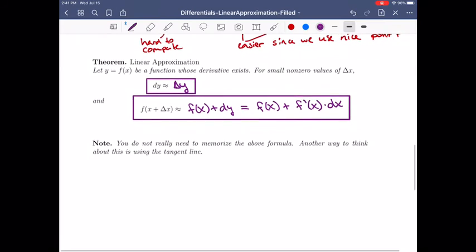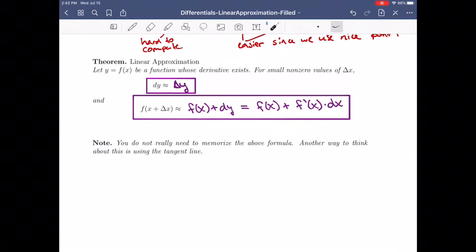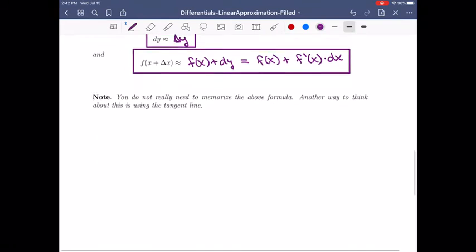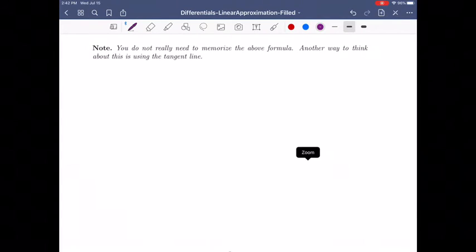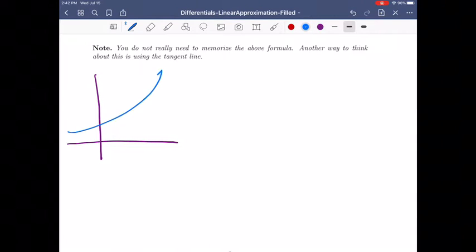Now, you don't need to memorize this, really. I mean, you can. But this is just a tangent line. So I'm going to draw you a picture here, basically the same picture as before. Here's my function, whatever it is. Then I have my point P, my nice point, and some point Q that I'm trying to approximate.